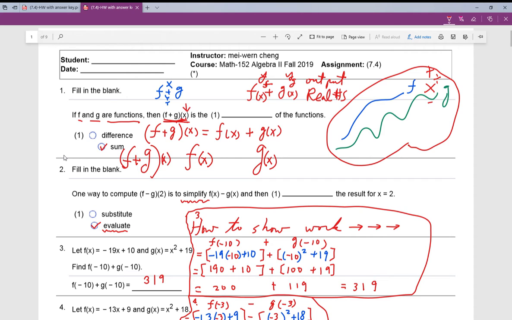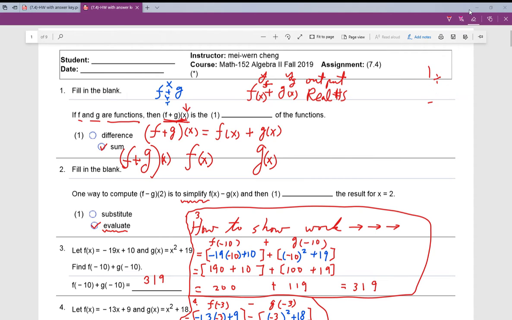Now, this notation, what does it mean? Let me erase those marks because I need a space to write something for you.